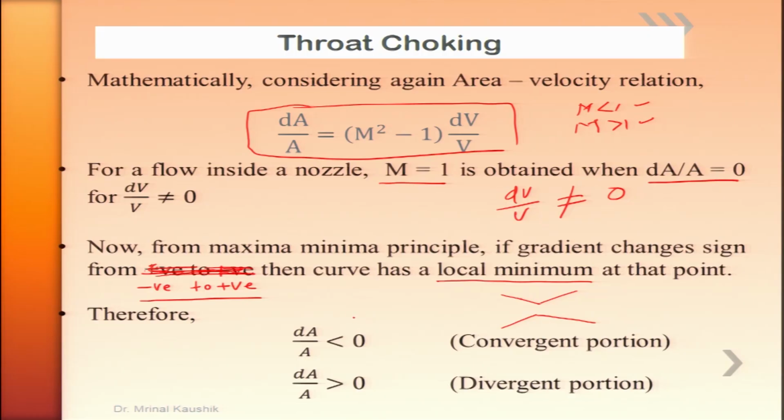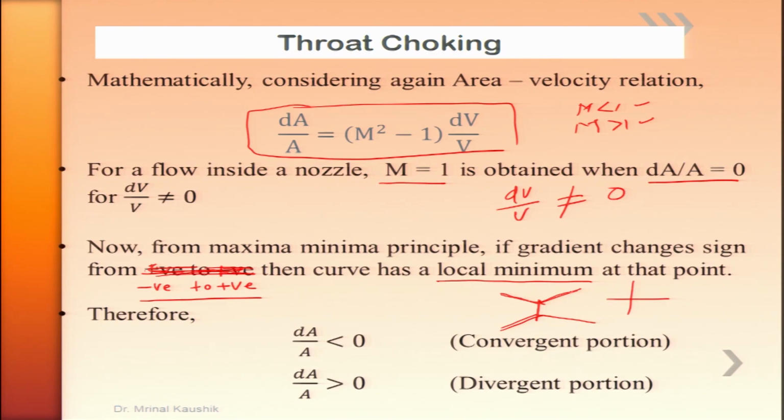Clearly we can see that when dA by A is less than 0, that is a convergent portion, something like this, and then it goes like this. If you consider this point and draw any tangent parallel to this contour, we find that the slope is negative if we draw the axis like this from the first quadrant.